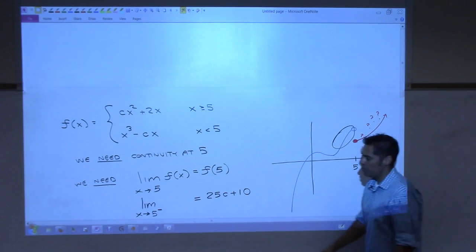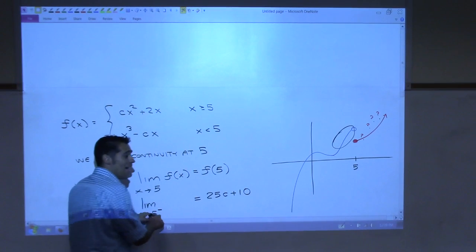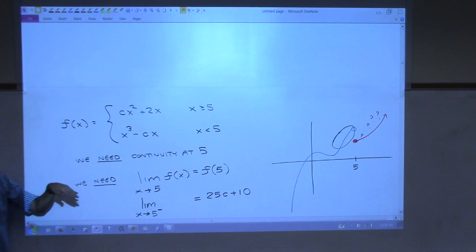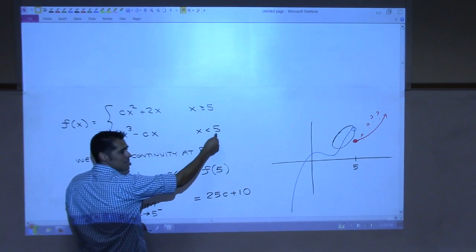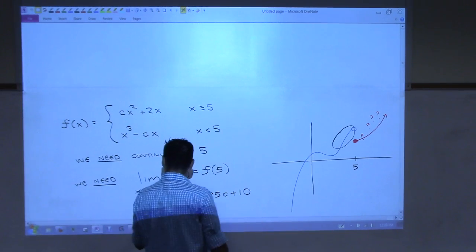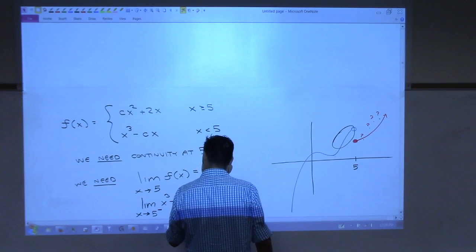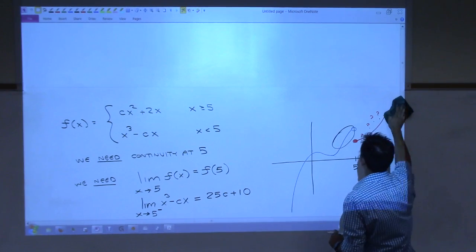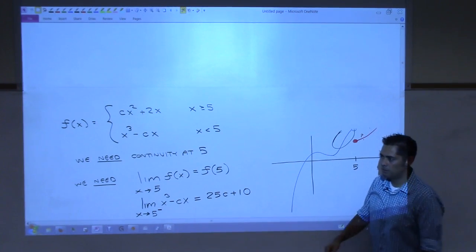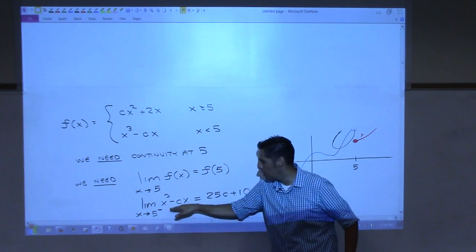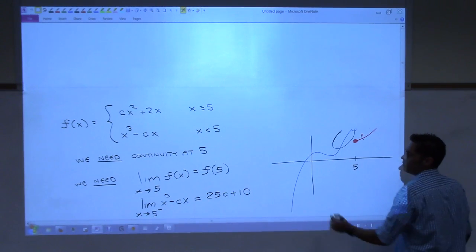Now, if you are approaching 5 from the left, what function are we talking about? The top one or the bottom one? The bottom one, right? Because this is what happens when x is less than 5, to the left of 5. So this is going to be replaced right here: x cubed minus cx. Now you're just going to do a direct replacement. Let x go to 5.